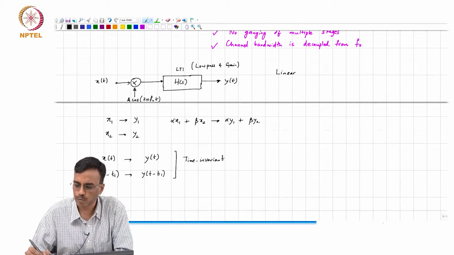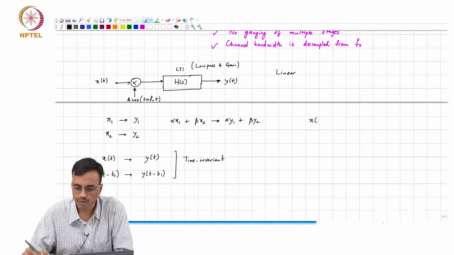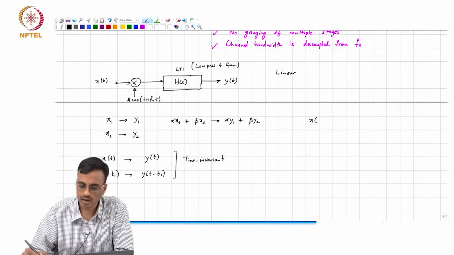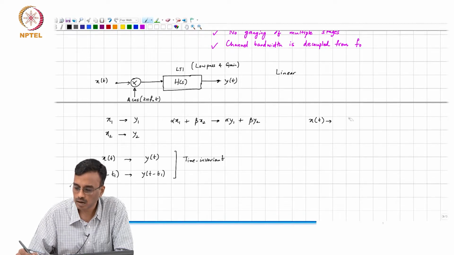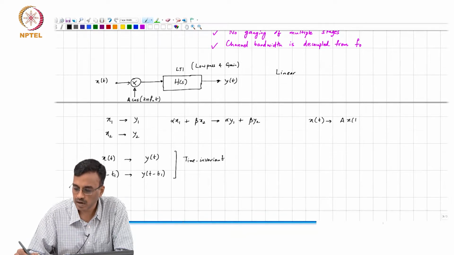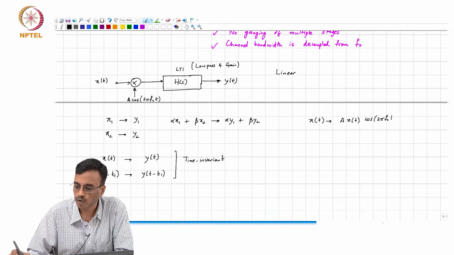Time varying, because if you put in x of t and you look at the signal at the output of the multiplier, you basically get A times x of t times cos 2 pi f naught t.